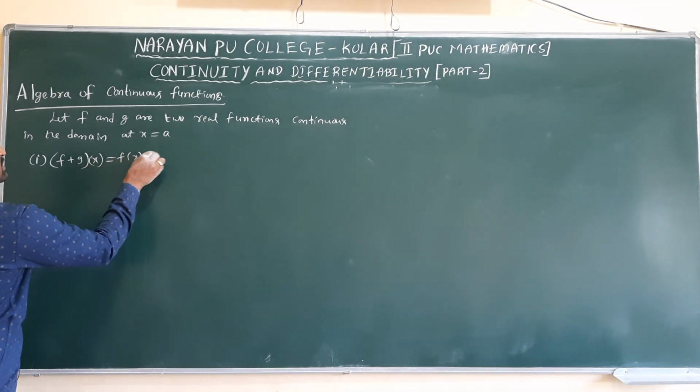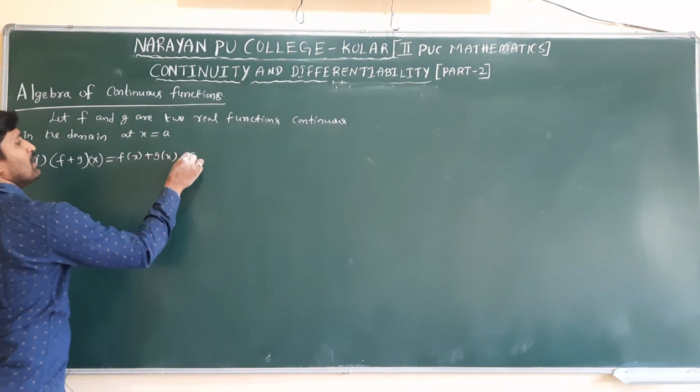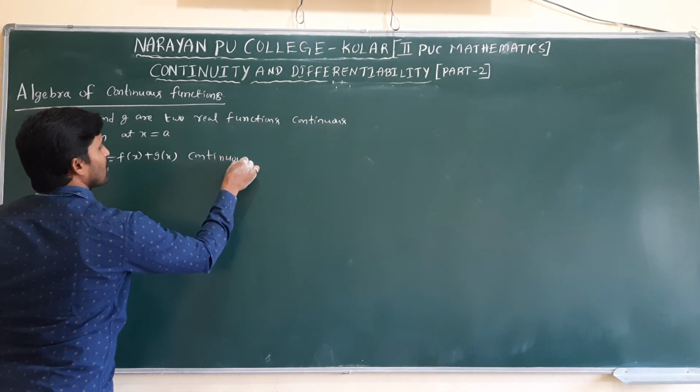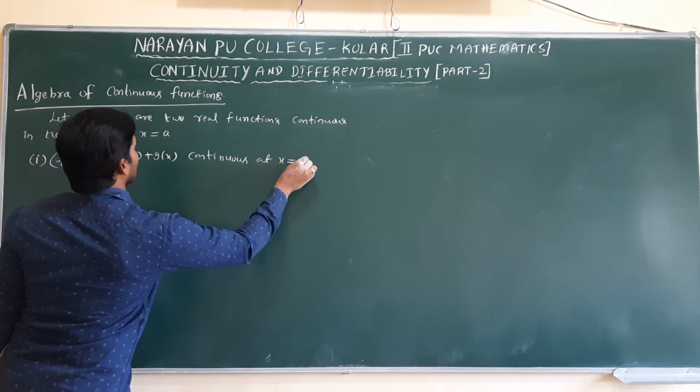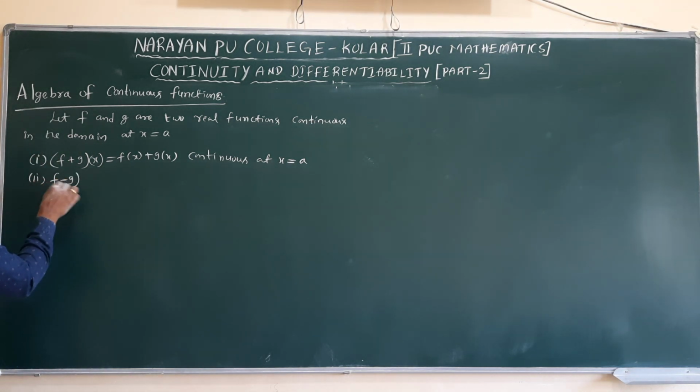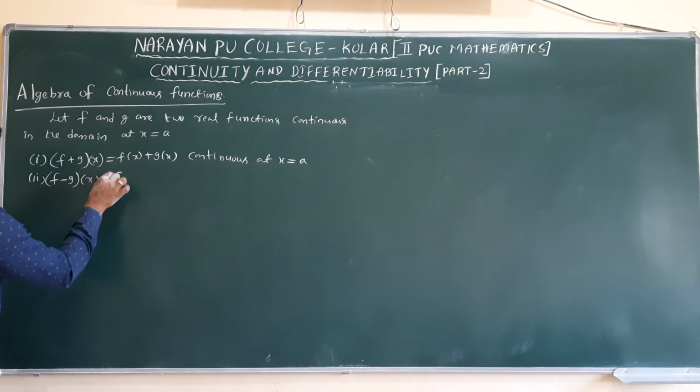f of x plus g of x is continuous at x is equal to a. Second, when these two are continuous, the difference of the functions is also continuous.